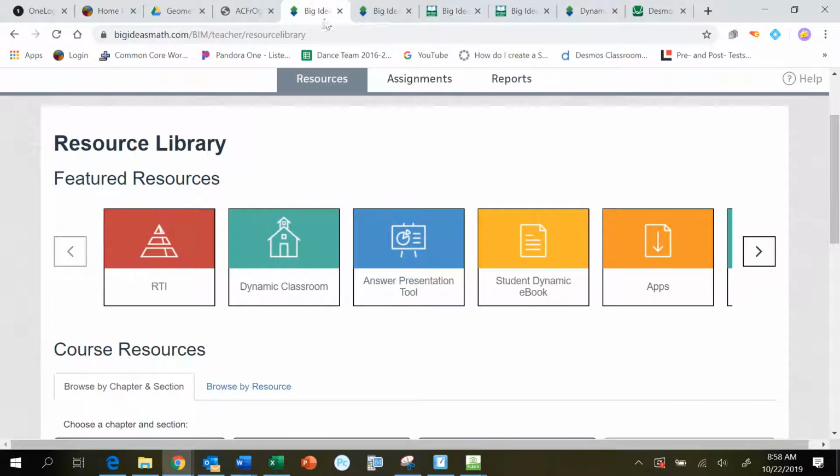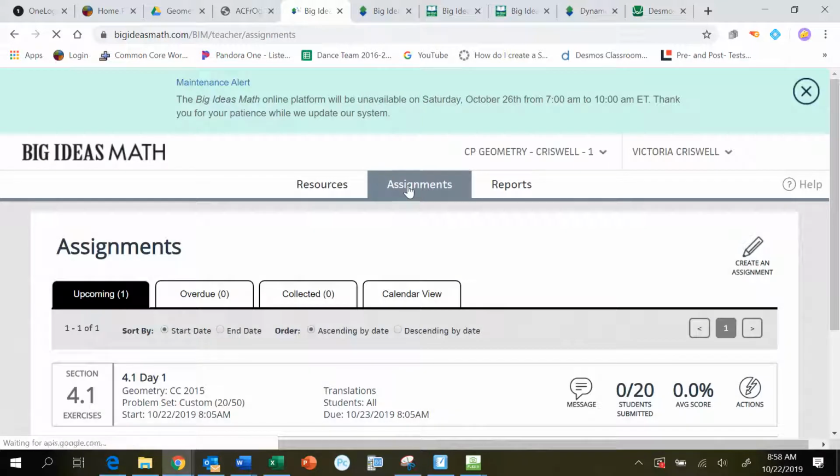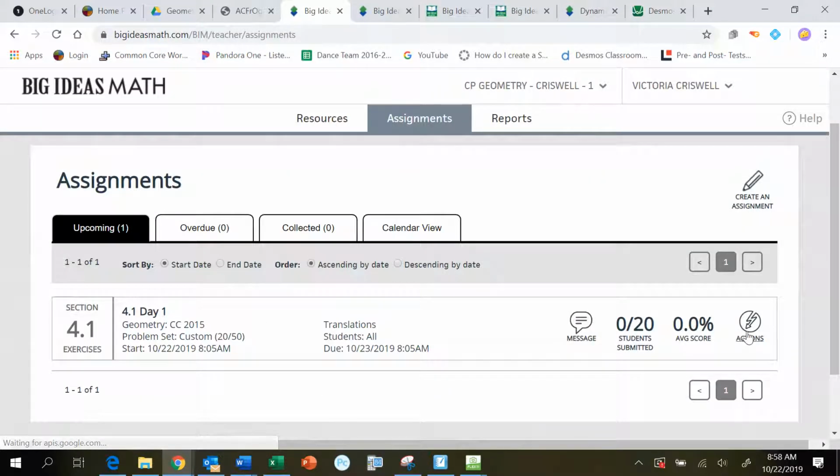At the top, there's assignments, resource assignments and reports. You guys have the same thing on yours. If I click on assignments, mine looks totally different than yours, but yours will look something like this.